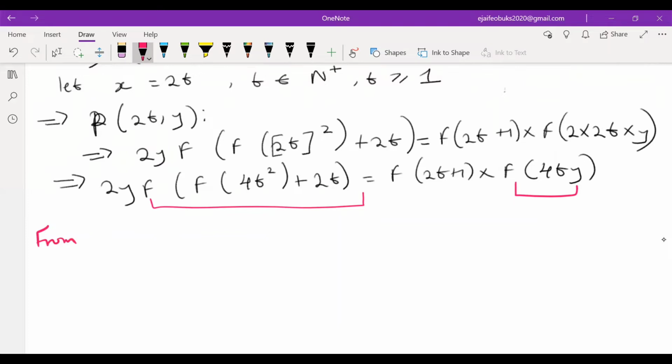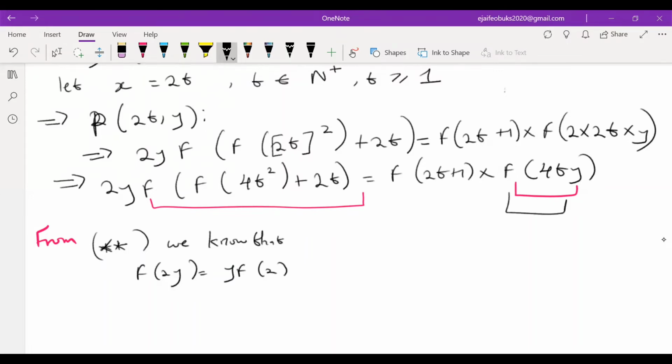From the double stars we had, we know that f of 2y is y f of 2. So that means I can write this, f of 4ty, is actually equal to f of 2 times 2ty.